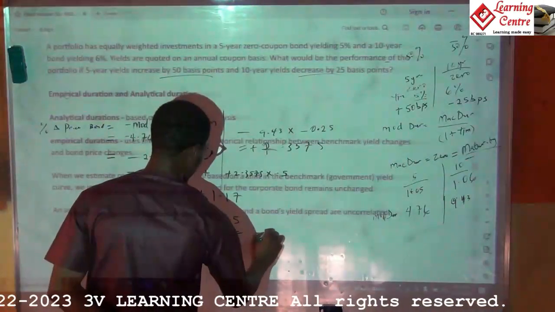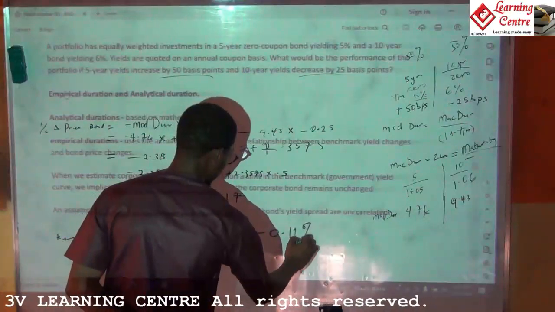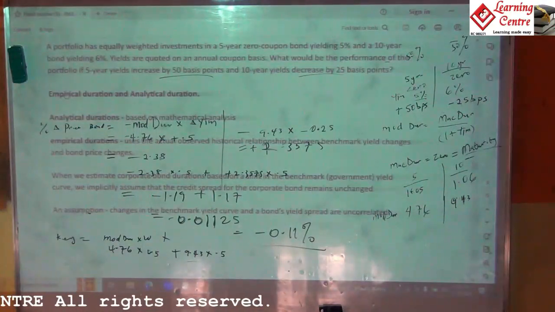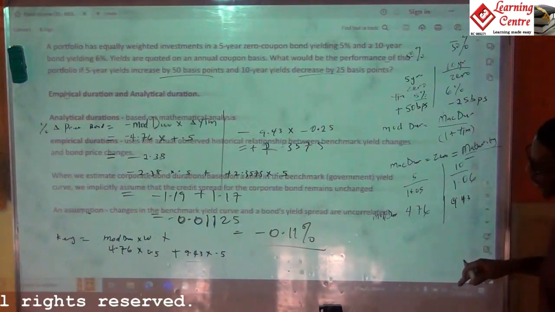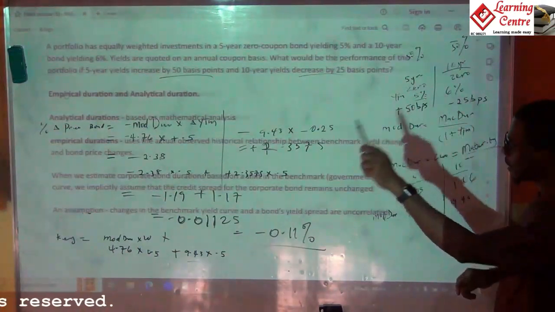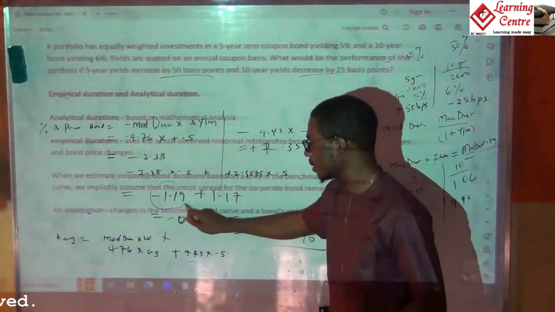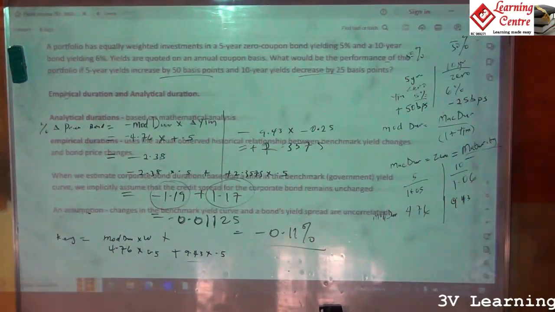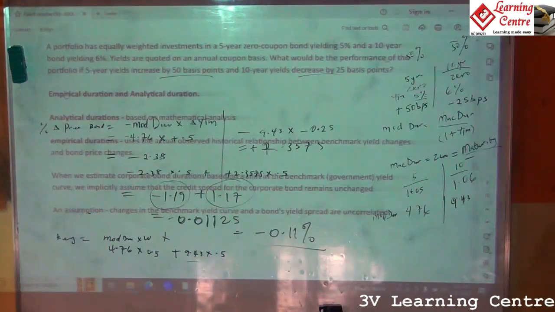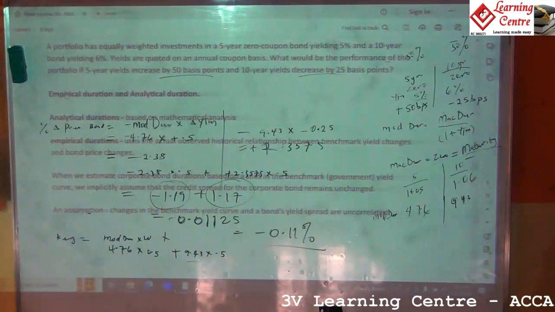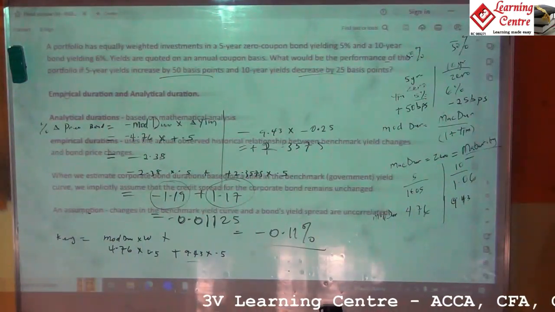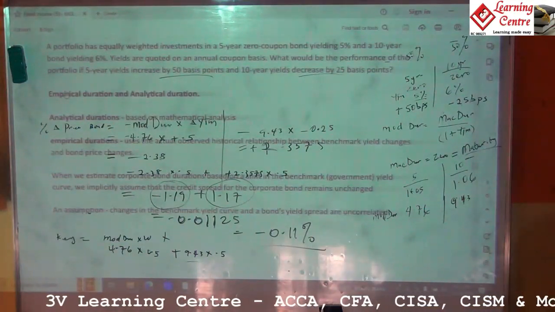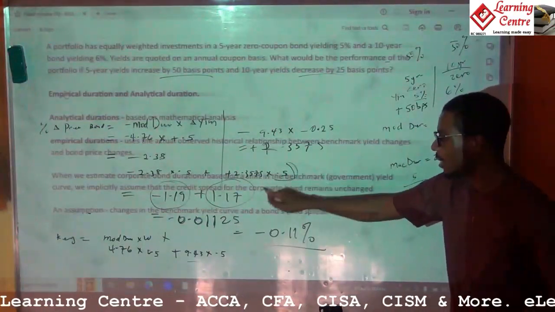The value of the portfolio will fall by about 0.11%. So you can see that there is a negative effect on one side and a positive effect on the other side. There's an approximation in this.